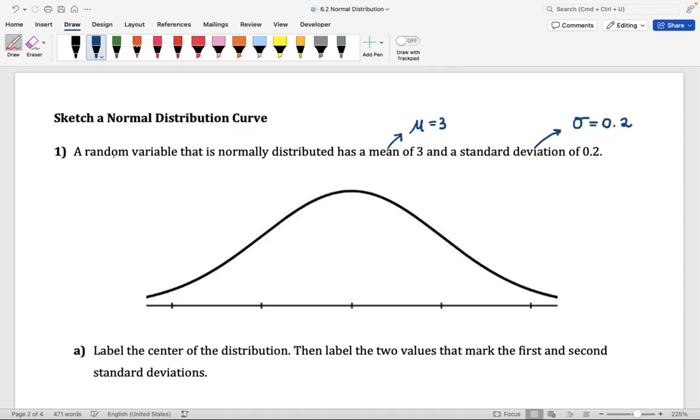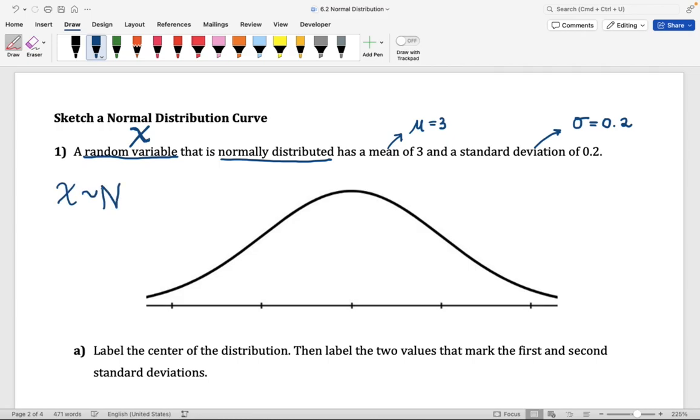Now, this random variable, let's just go ahead and call it x. Okay? So here we're being told x follows a normal distribution. It has a mean equal to 3 and a standard deviation equal to 0.2. Instead of writing this sentence, I can go ahead and use the following notation. I can say x follows a normal distribution.